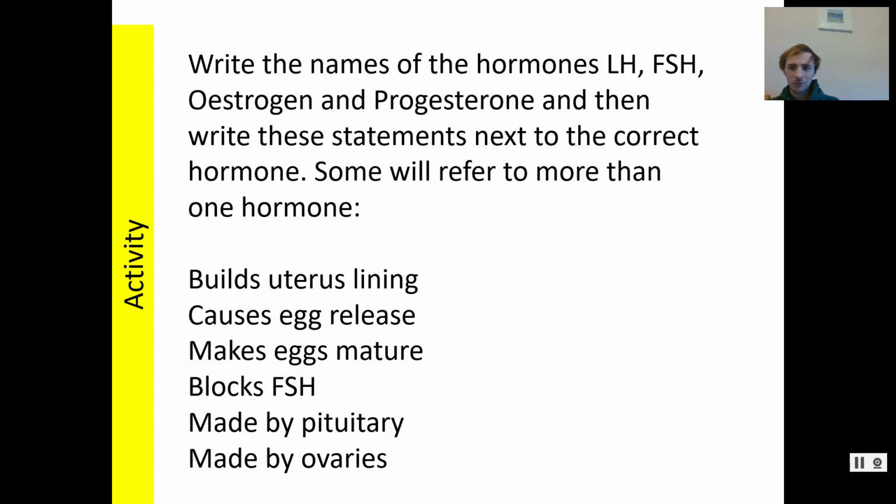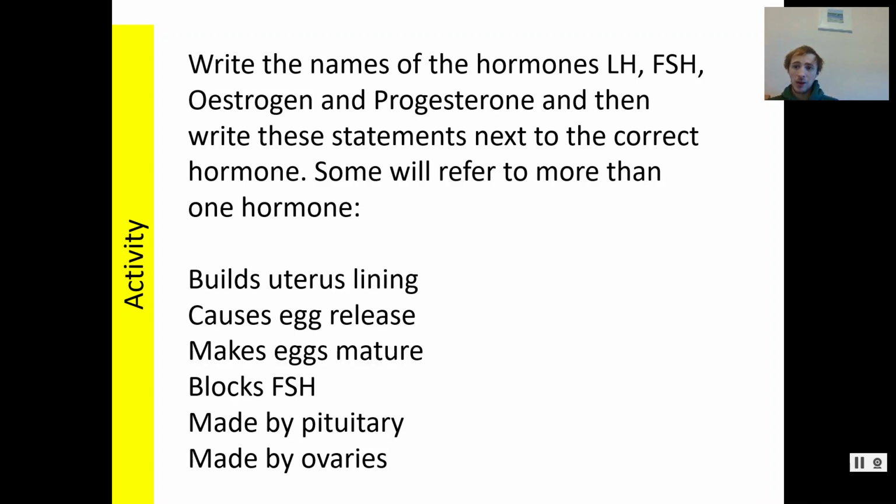Not universally true, but for the ones you need it is true. So if you're asked which gland releases this hormone, and it has an abbreviation, even if you can't remember anything else about that hormone, just write pituitary.